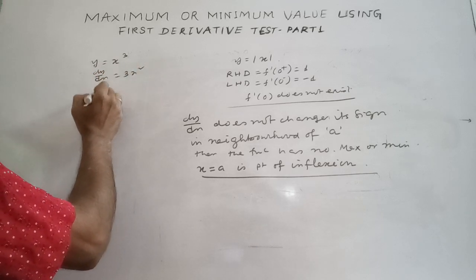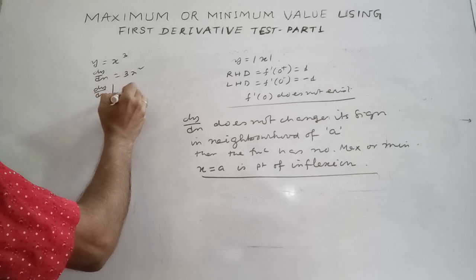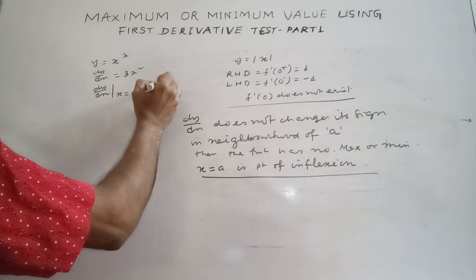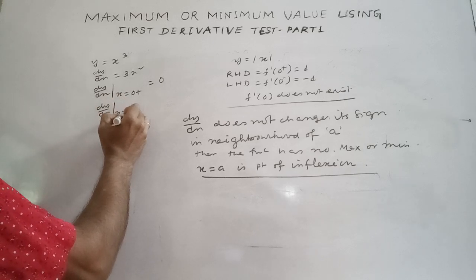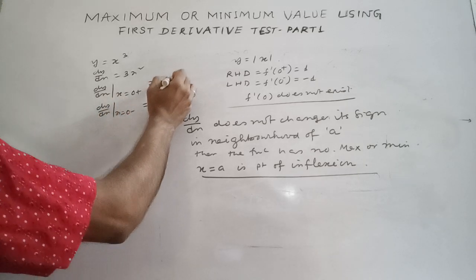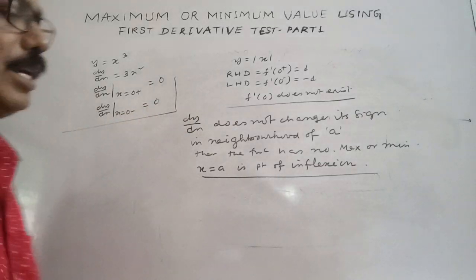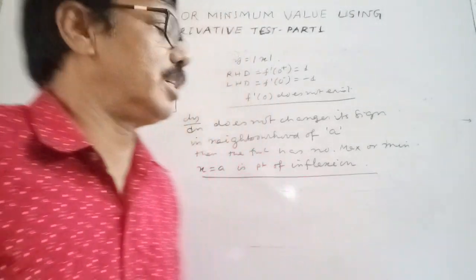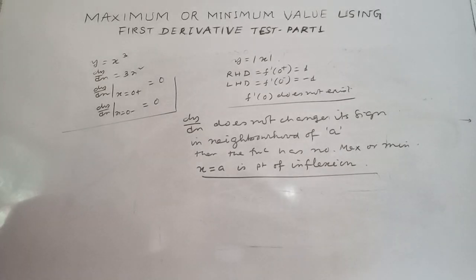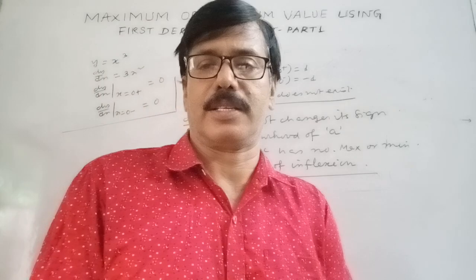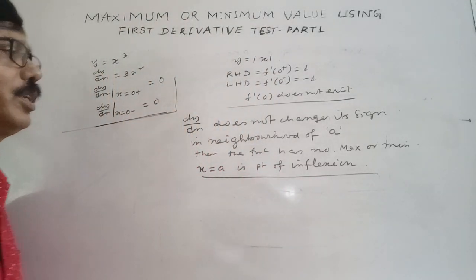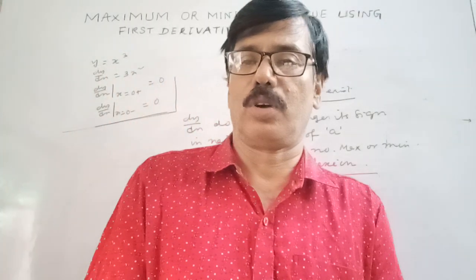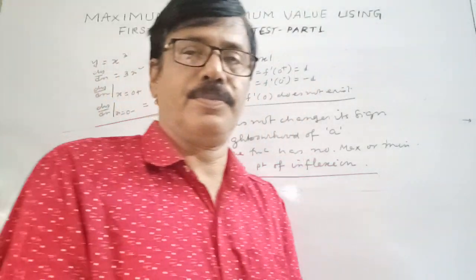So dy by dx at x equals to 0 plus is also 0. dy by dx at x equals to 0 minus is also 0. So dy by dx does not change its sign. So it has no maximum or minimum value at x equals to 0. Here the point x equals to 0 is called point of inflection.